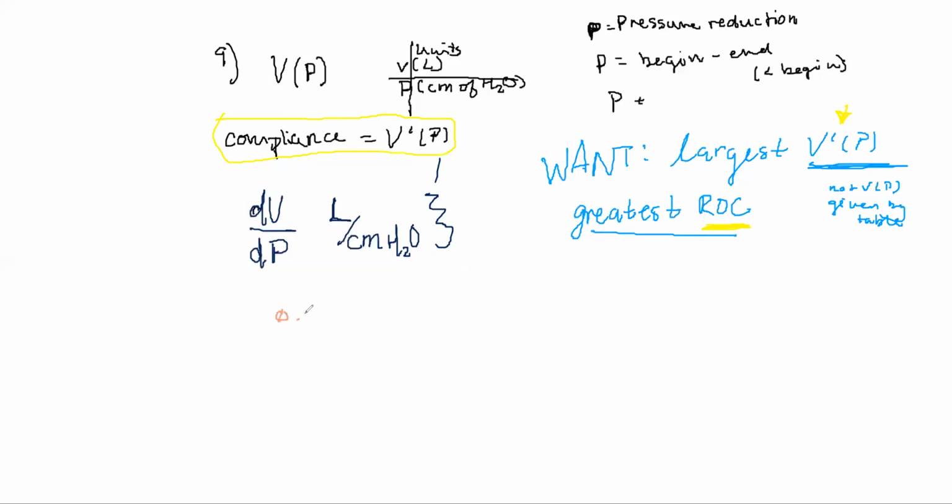It goes from 0.49 liters to 0.7 liters. Get units right. So that would be 0.7 minus 0.49, which is 0.21, divided by 5.